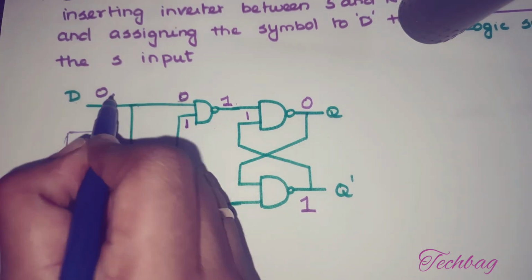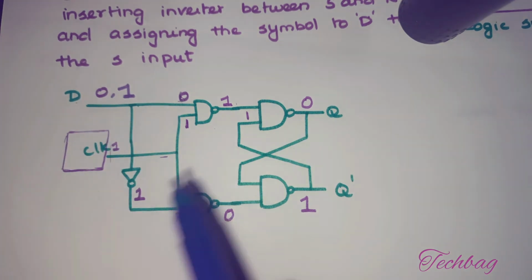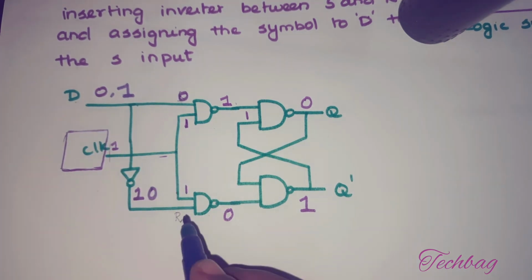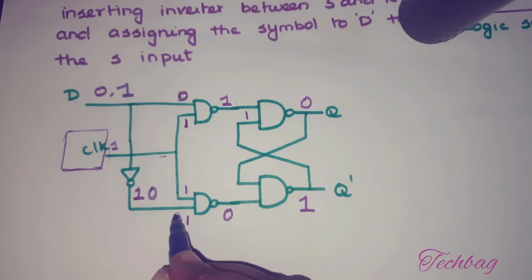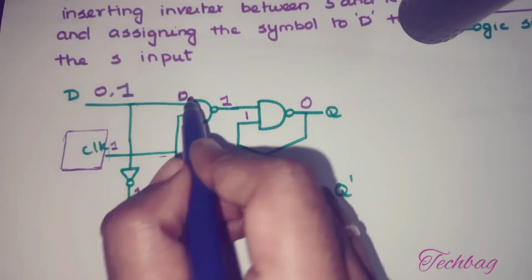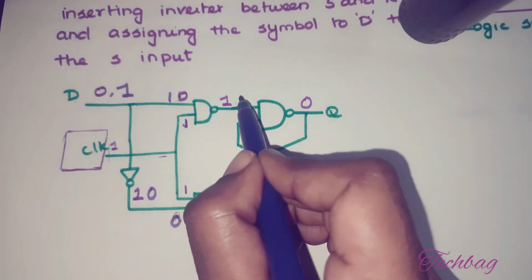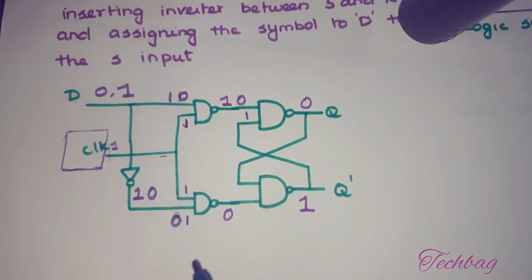And next condition, if you put 1, then after inverting you get 0. So here you get 0. And here you get 1. So 1, 1. So the output is 0 for this NAND gate. Here one of the inputs is 0. So the output is 1.